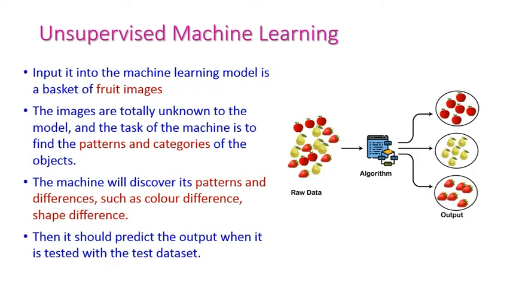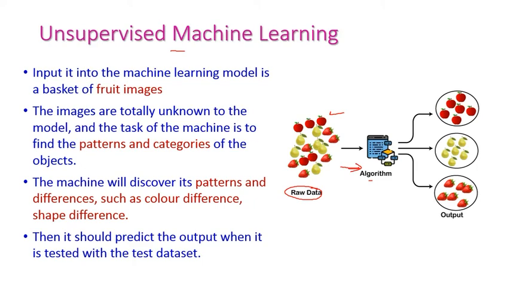And next let us see another example to understand this unsupervised machine learning. Here I am going to give raw data, that is a collection of fruit images, to this algorithm. Now the algorithm tries to find the patterns, size, shape and color of all the given input images, and it tries to find the groups of those images.